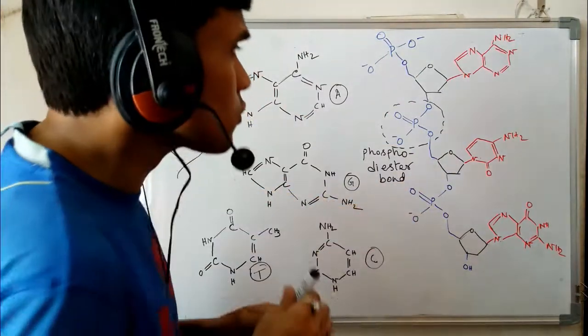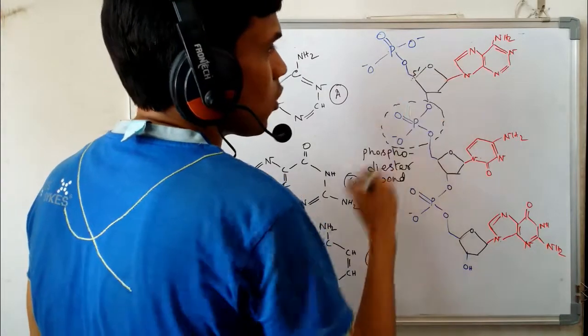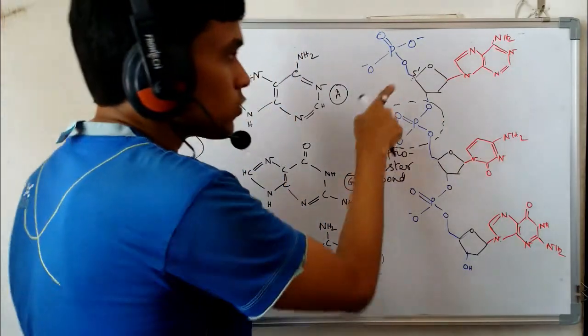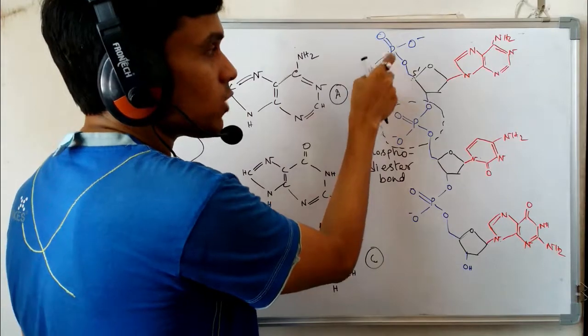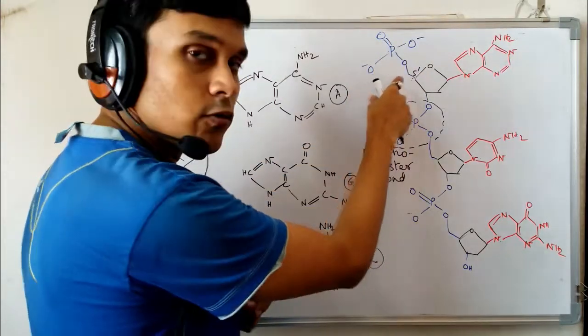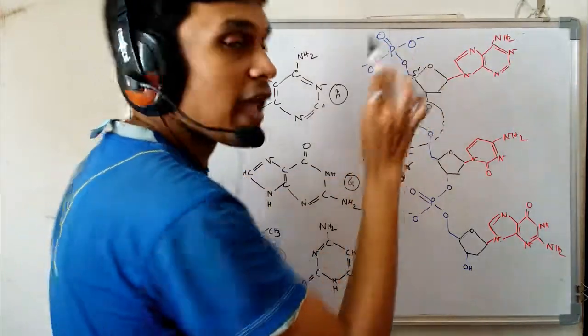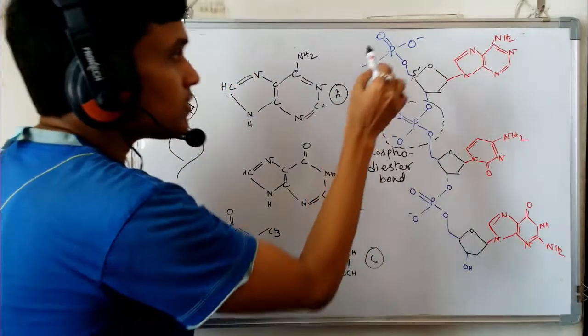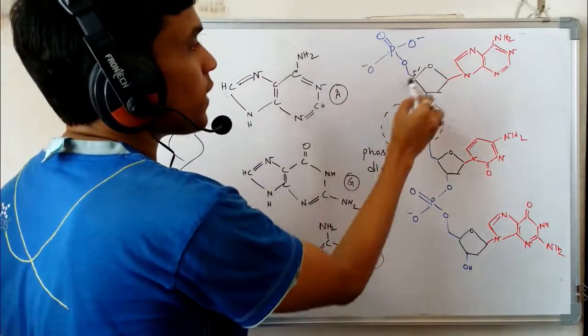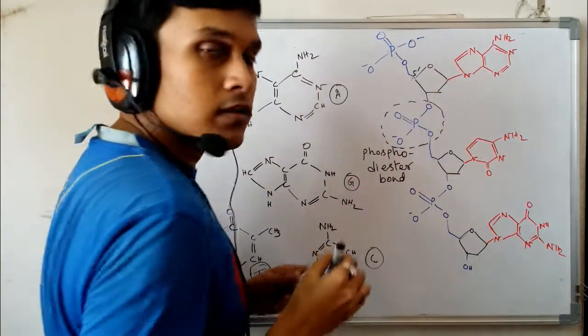So this is the 5 prime of ribose sugar. If I consider this the end, there is no other extension of nucleotide and no other phosphodiester bond. So this is the 5 prime end. This end is made up of phosphate, and phosphate is negatively charged.